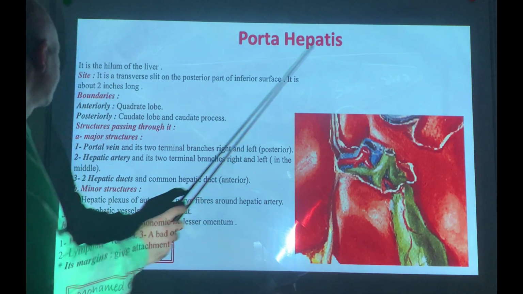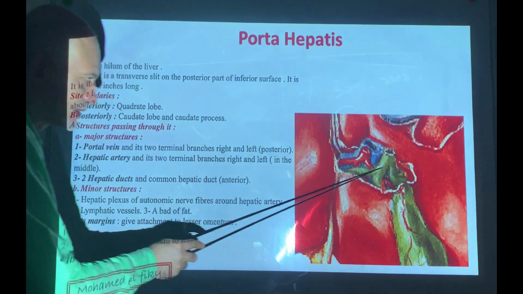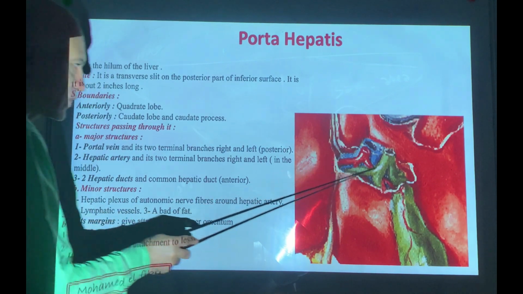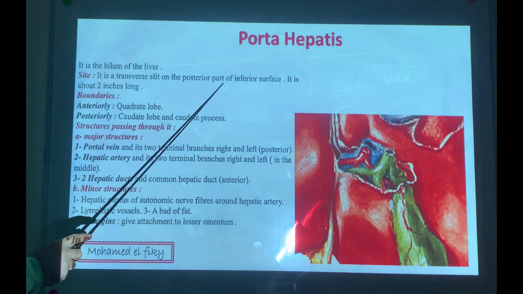Porta hepatis site. It is a transverse slit or fissure on the posterior part of the inferior surface.